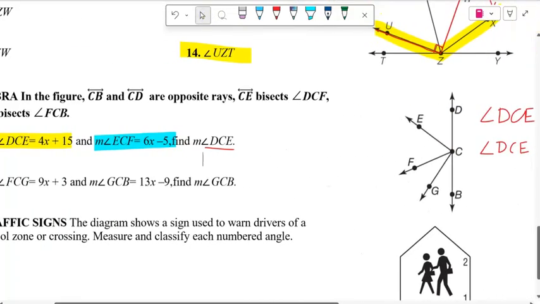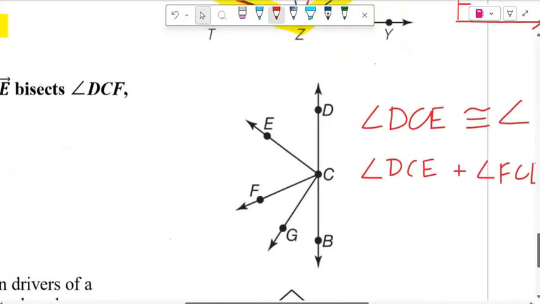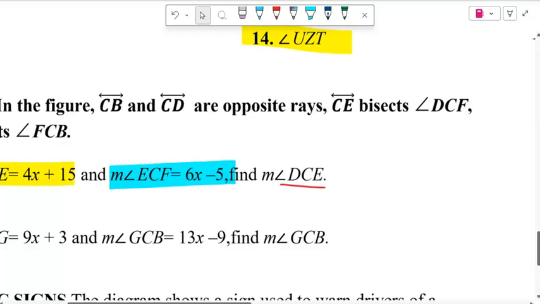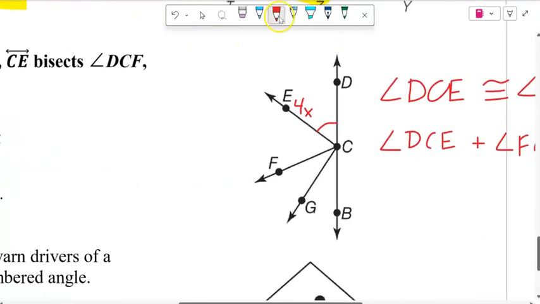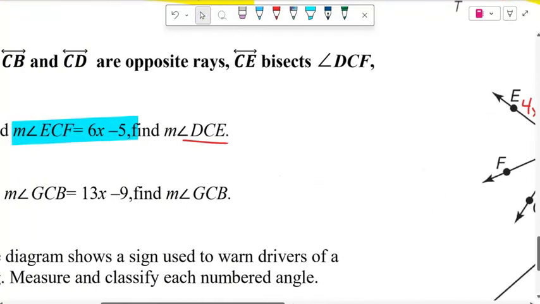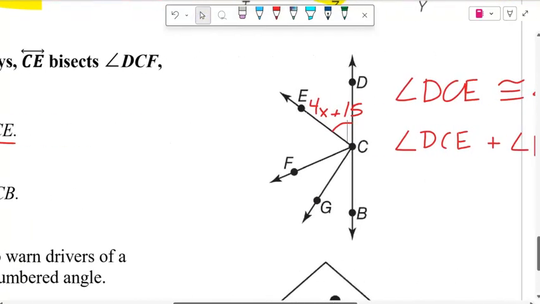Angle DCE equals 4x plus 15. So inside this angle, I'm going to draw this little curvy line that's representing the measure of the angle. It equals 4x plus 15. And then the other information it gives us is angle ECF equals 6x minus 5.